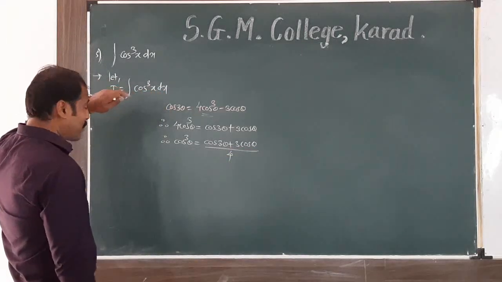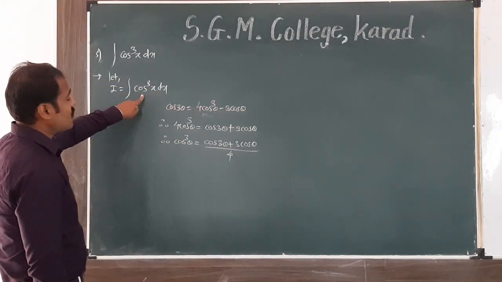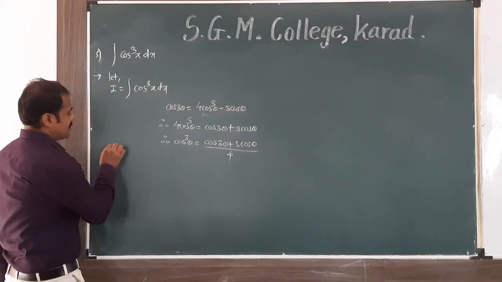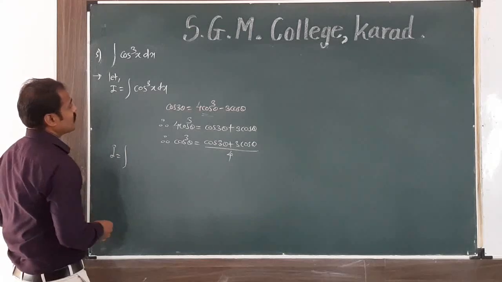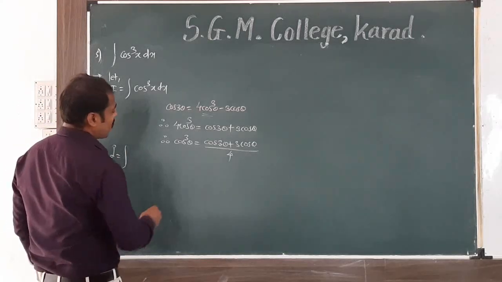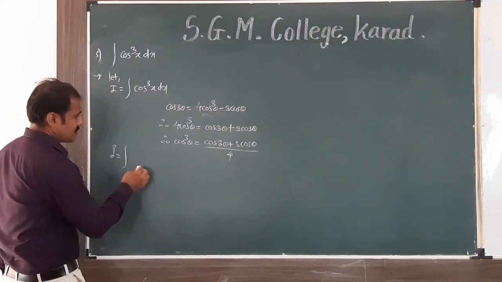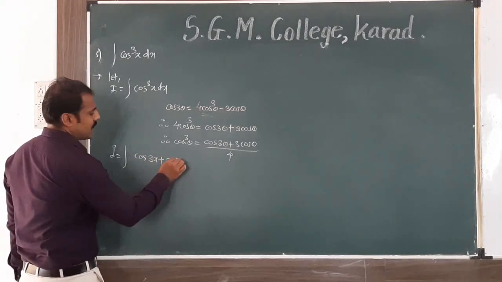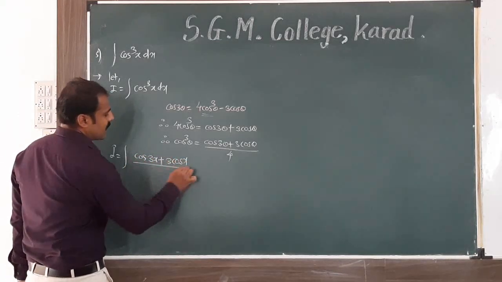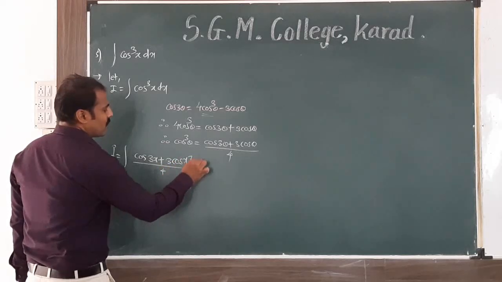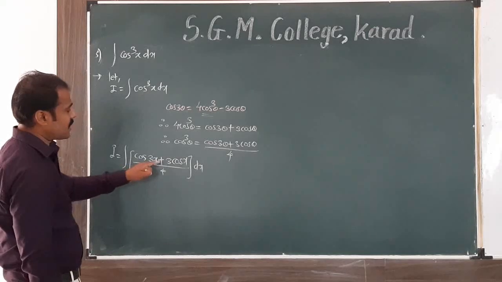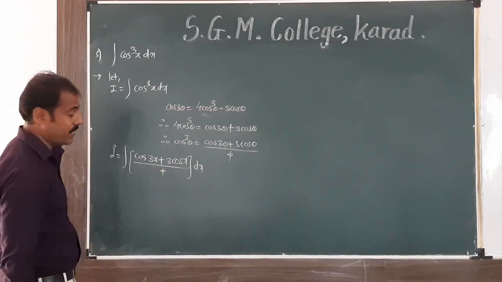So we replace cos cube x here, and the integration becomes I is equal to integration of cos 3x plus 3 cos x divided by 4 dx.